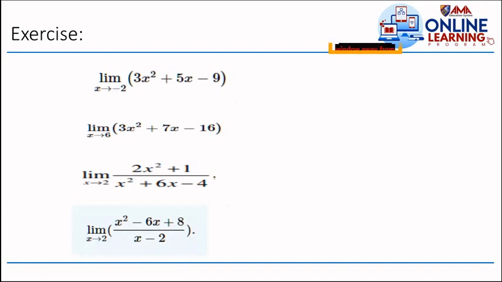Last, x squared minus 6x plus 8 as x approaches negative 2. Okay? So, pakitry po within 5 minutes, no? Pakisolve exercise 1, 2, 3, 4, and then pakilagay po yung sagot sa chat box po natin. Then we're going to check your answers after 5 minutes.